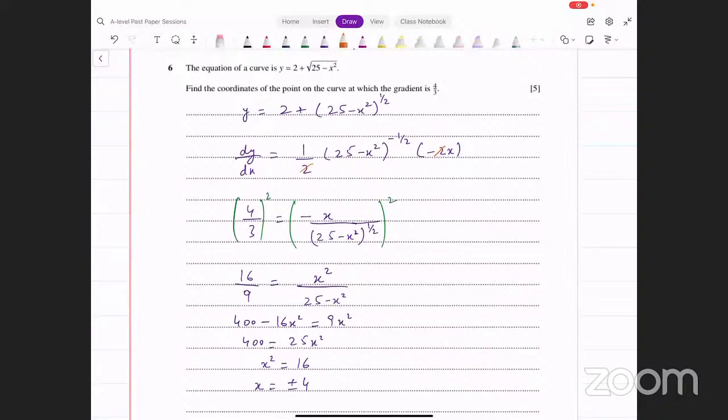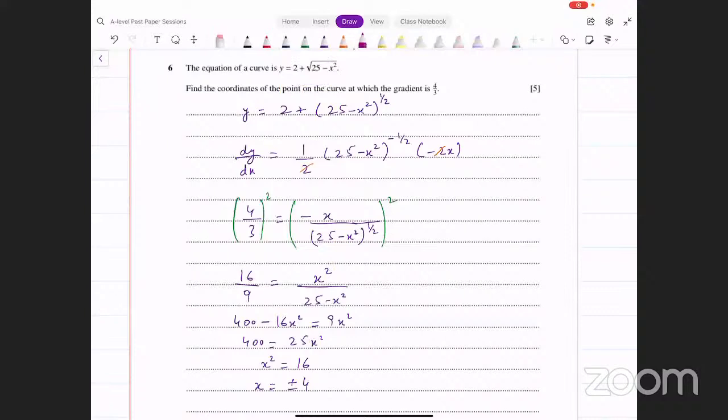The question says the point, so it has to be only one point. We can't have multiple points. We have to choose only one of the two values. If we input -4 and 4 into y, we get the same y value for both, so that's not a problem. We can input both in y, that's not an issue.